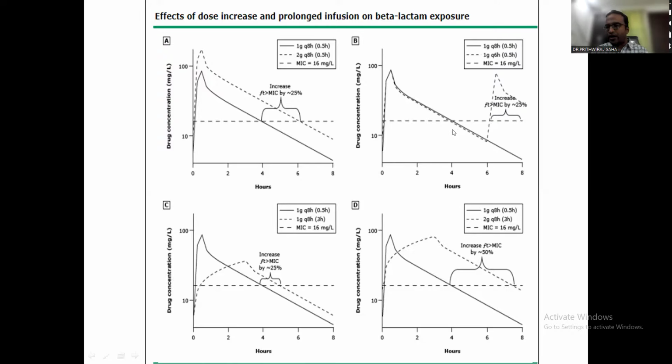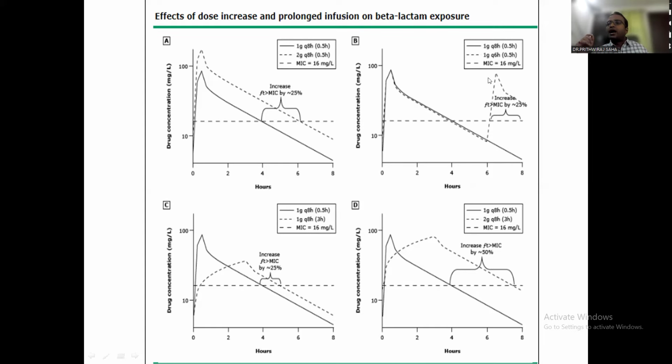It was 4 hours only. Now when we have done 6 hours, this T greater than MIC has become almost 70 to 80%, right? So we are increasing T percentage greater than MIC by increasing the dose and by increasing the frequency.